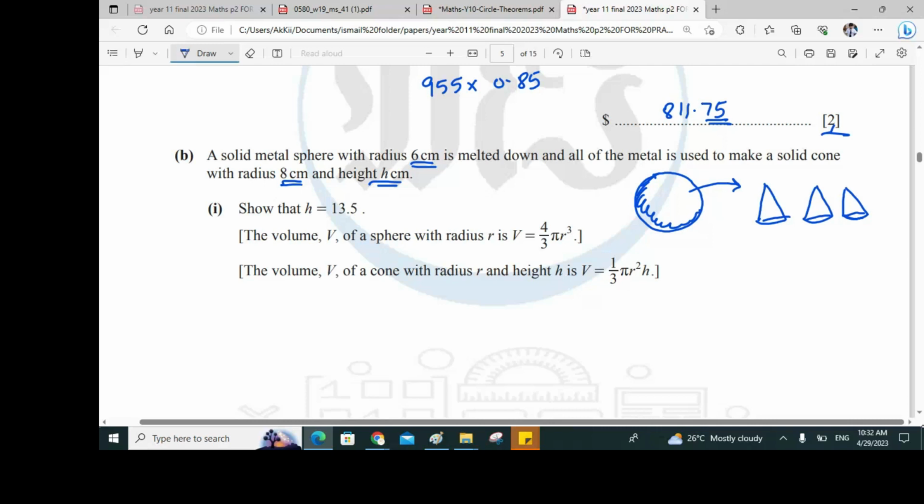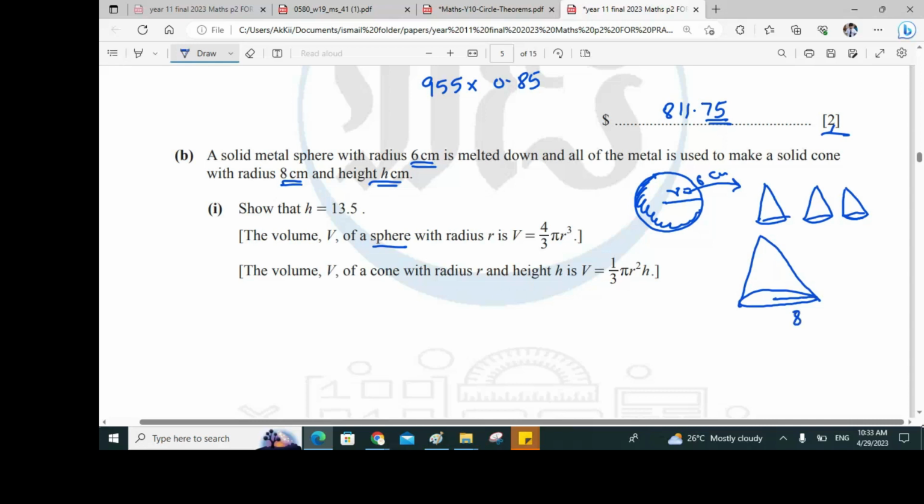If this is the sphere, the solid metal sphere of radius 6, so this is 6 centimeter. And for the cone, if I make the cone a little bit larger, I can show you different things in it. The cone's radius is 8, so this is 8 centimeter, right?